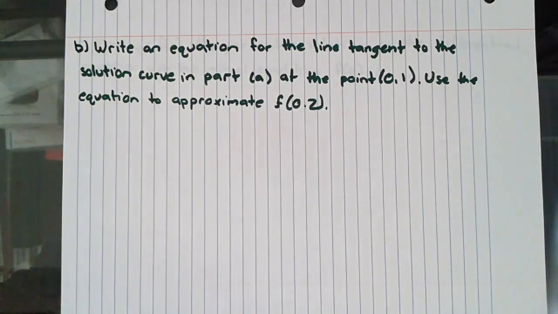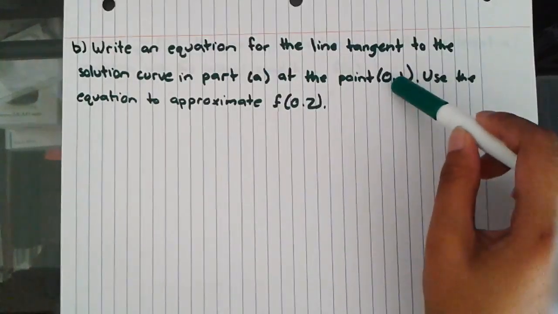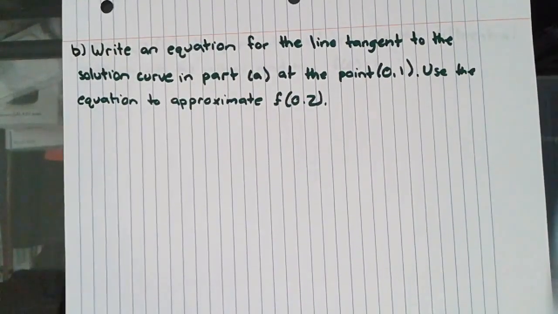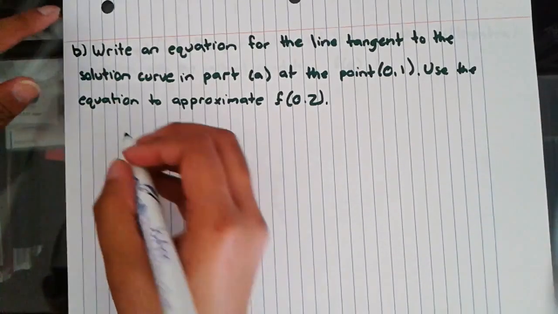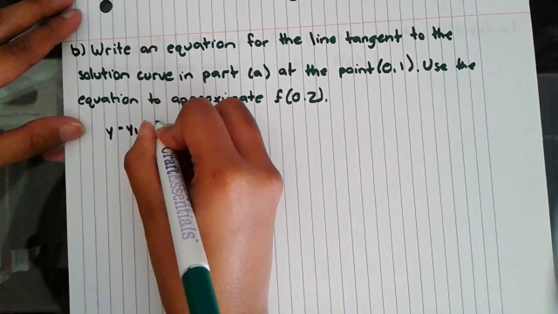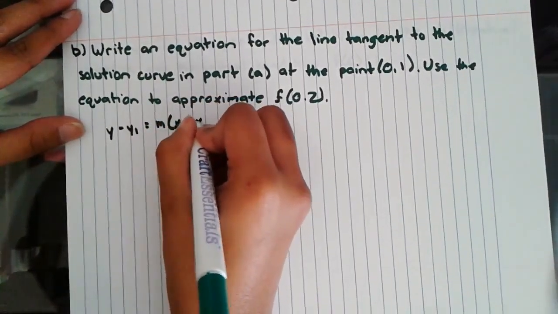Use the equation to approximate f of 0.2. So what you're looking for is a tangent line at the point (0, 1). So the line equation is y minus y1 equals m times (x minus x1).